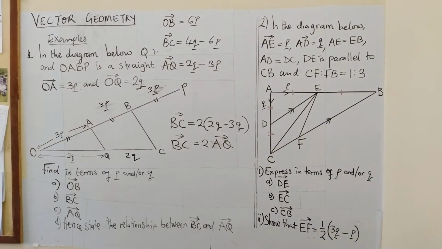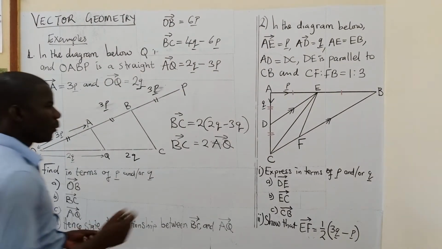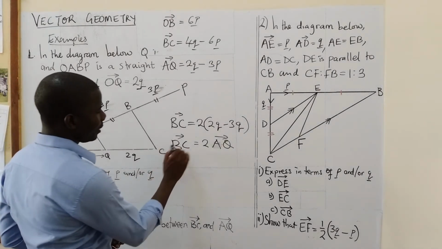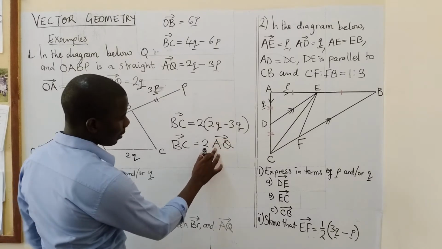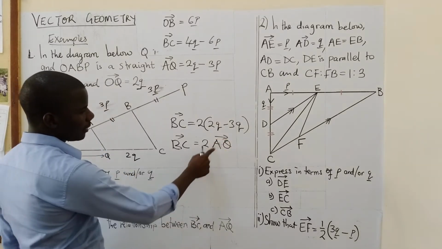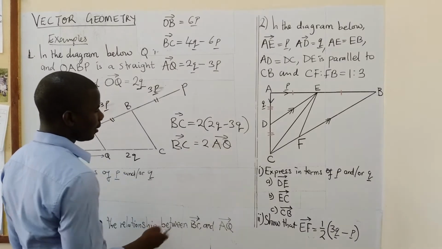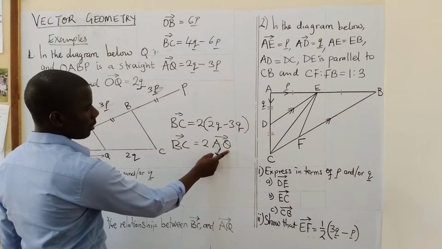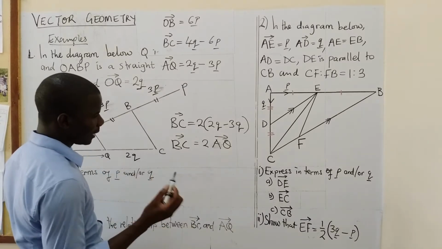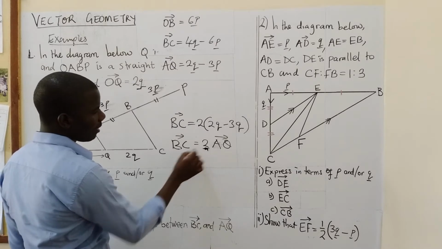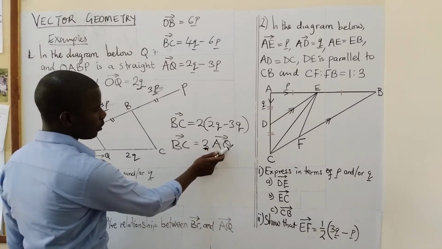So as you can see, BC is twice AQ. BC is a multiple of AQ. Because of that fact, it holds that we have a scalar factor here that is multiplied by AQ.